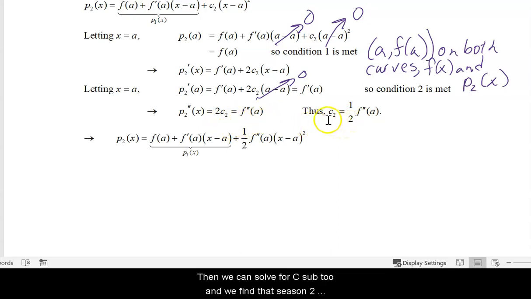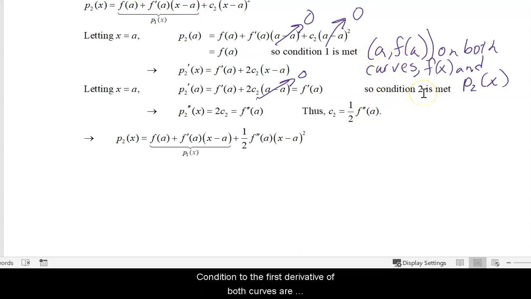Then we can solve for c sub 2, and we find that c sub 2 is 1/2 the second derivative at a. Now we can write an equation for p sub 2 that will meet all three conditions. Condition 1, the two curves share the point a, f of a.